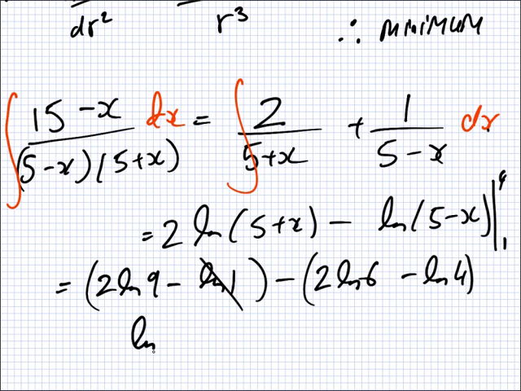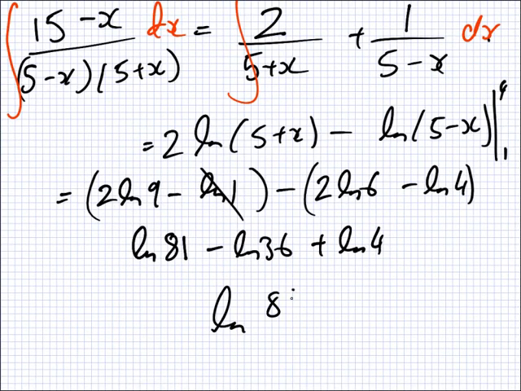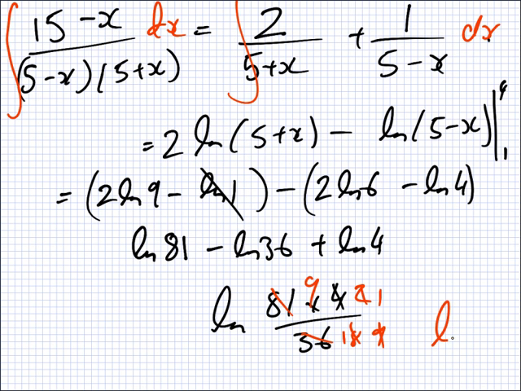So that's log 81 minus log 36 plus log 4. So what is 81 times 4 over 36? That's going to be 9. Log 9? Yes. Okay.